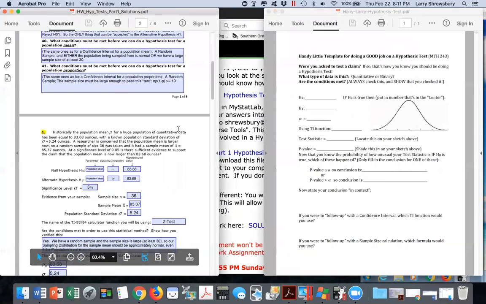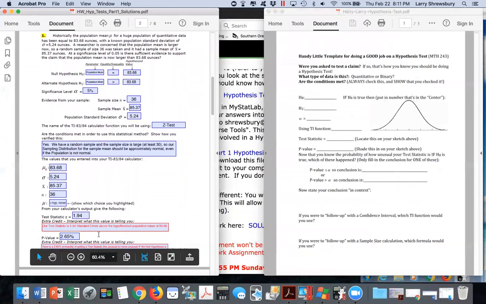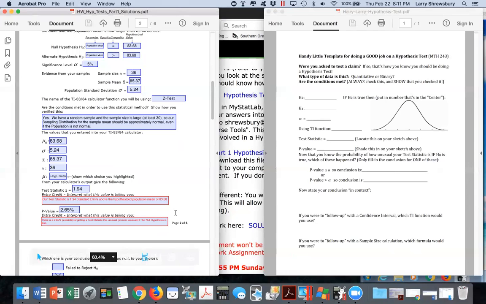And as you go down here, you can interpret your p-value. It's the probability of getting a test statistic this unusual or more unusual if the null hypothesis is true. So you see, this is how you can make sure you're saying and interpreting that correctly and interpreting the test statistic correctly.